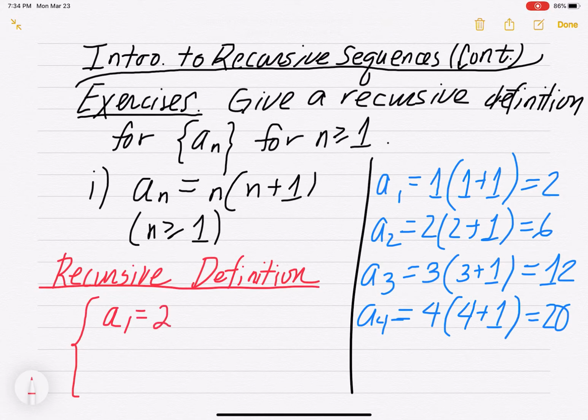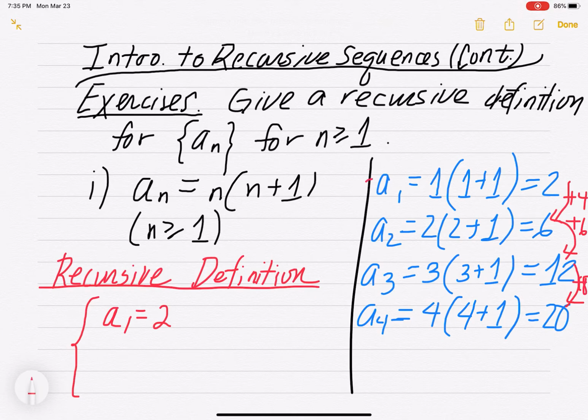And notice what's happening from term to term. So our initial term is a1, that's 2. To get to the next term, it looks like we add 4, right? In the next term, to get from 6 to 12, we add 6. And the next term, from 12 to 20, we add 8.